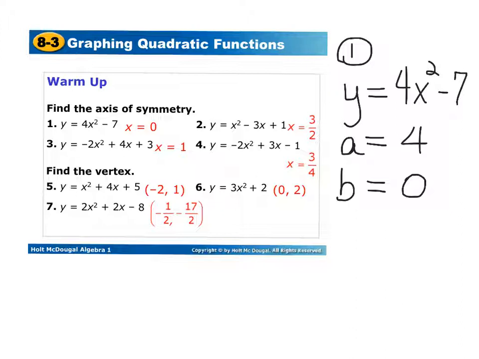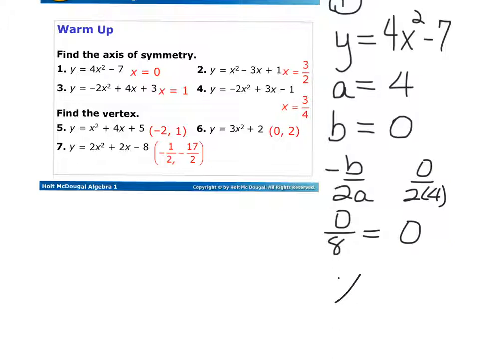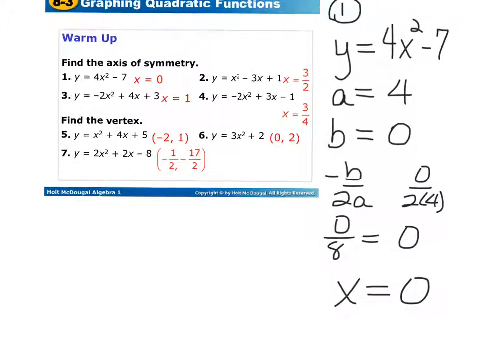Notice this equation does not have an x term, so my B value here is 0. So when you do the equation, the negative B over 2A, you're putting 0 over 2 times 4, and 0 divided by anything is just 0. So that's how they get the axis of symmetry of x equals 0.